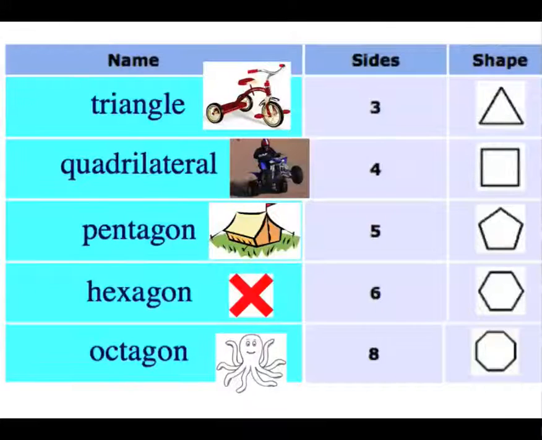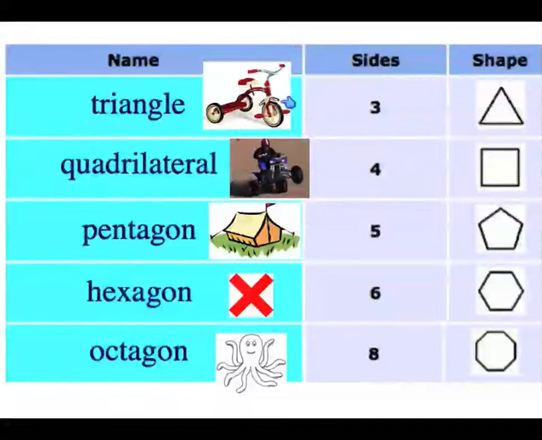You probably already know the names of several polygons. We name polygons based on the number of sides that they have. So let's see, a shape with 1, 2, 3 sides, you're probably thinking that's a triangle, and you're right.